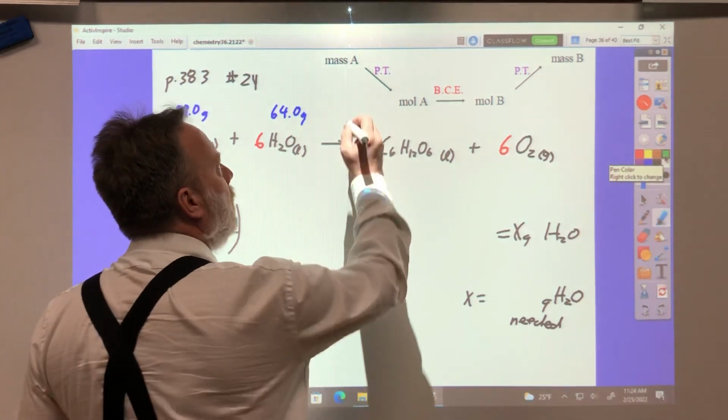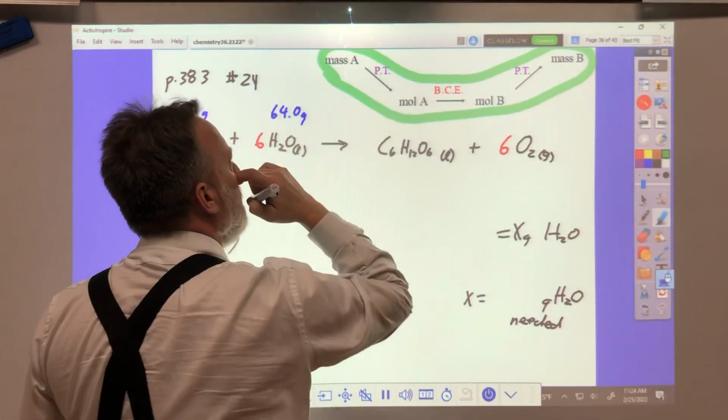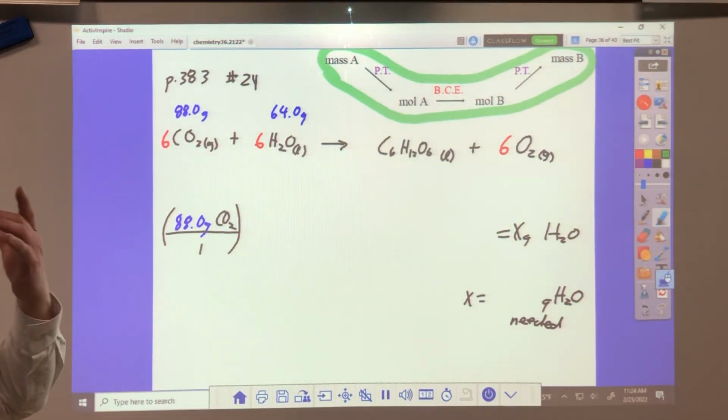So you know this, the whole thing. That's typically the case because we can measure masses.